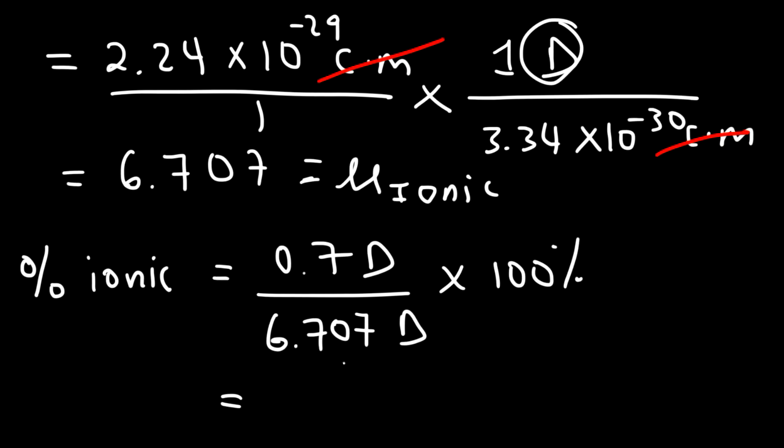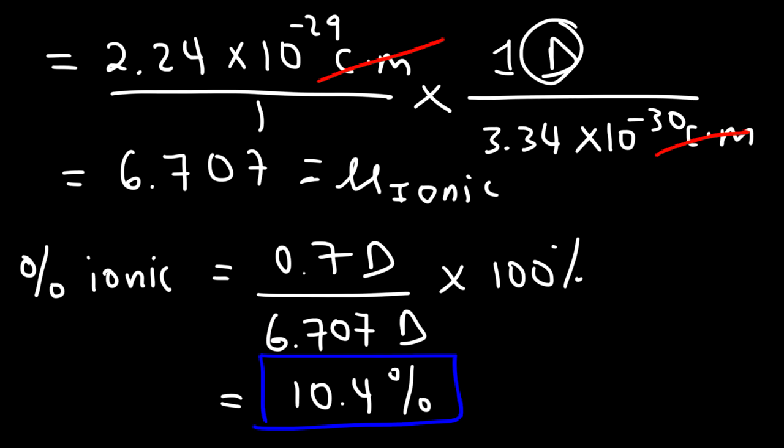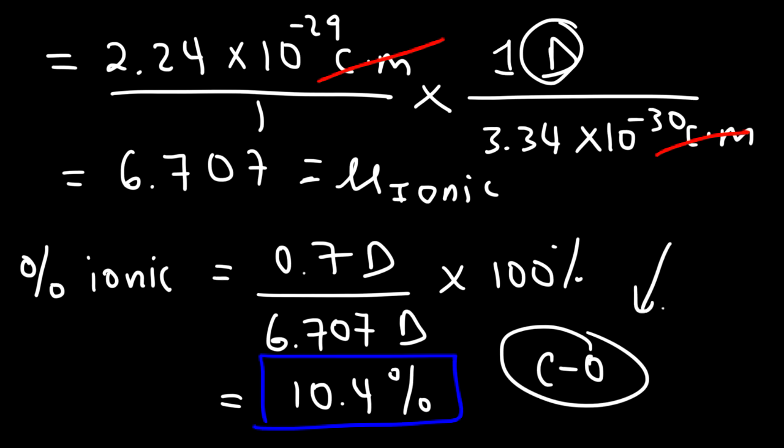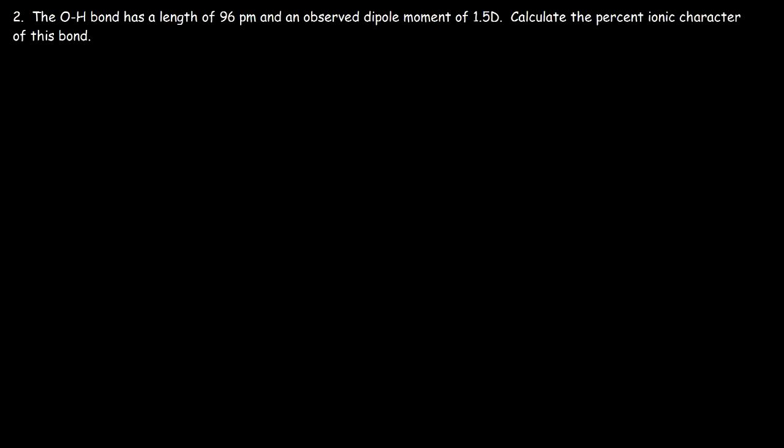So I got 10.4% as my answer. So we could say that the CO bond has a 10% ionic character, or 10.4% ionic character. And that's it for this problem. Go ahead and try this problem for the sake of practice. So take a minute, pause the video, and work it out.